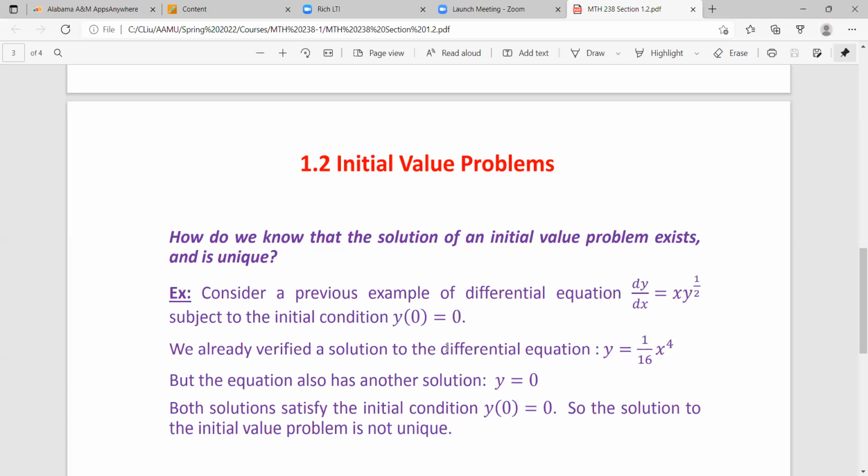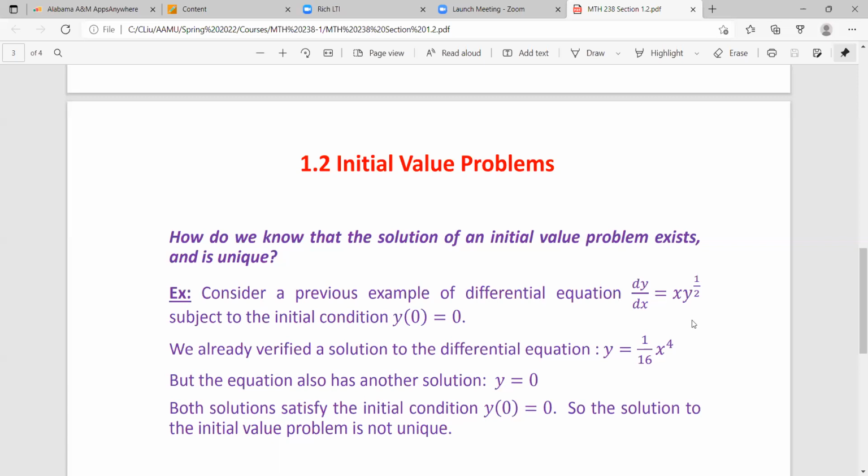But the equation also has another trivial solution, y equal to 0. So that's a constant function, okay? If we draw the graph of a constant function, you get the horizontal line. That function is also a solution to the differential equation.